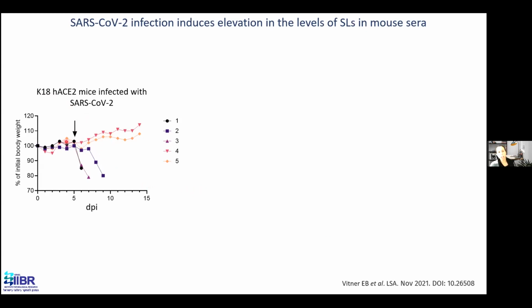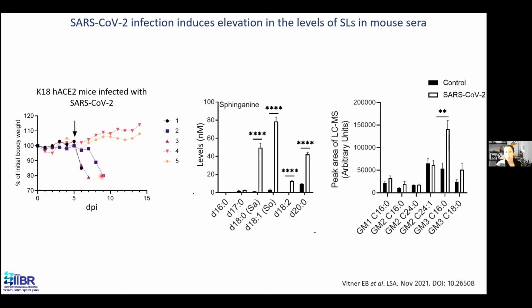They didn't show any decrease in weight, so this can resemble an asymptomatic patient. And 3 mice that had a very severe disease and died from the disease. We expected to see differences in their lipid profile, but we were very surprised that there was no difference at this point. All of the mice, no matter if they had no disease at all or a very acute disease, showed this alteration in sphingolipids in the blood.